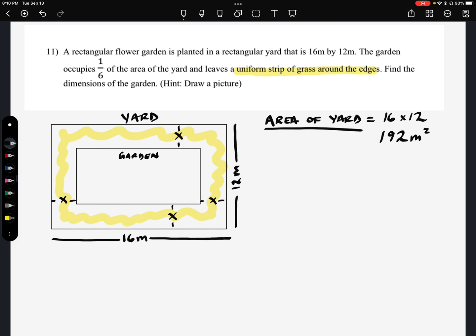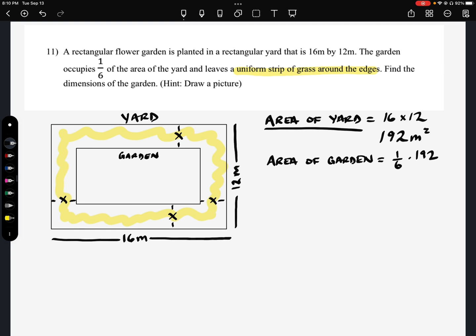Now if I want to know the area of the garden, I know the area of the garden is 1/6 of that. So we're going to say 1/6 times 192.